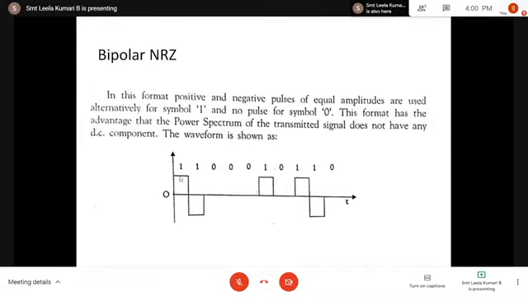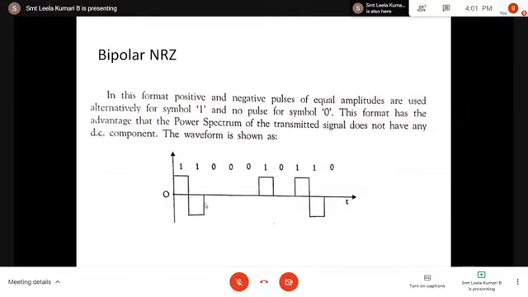If you see this binary sequence 1100010110, the first 1 is represented by a positive pulse of a fixed amplitude, and the next one is represented by a negative pulse of the same amplitude.